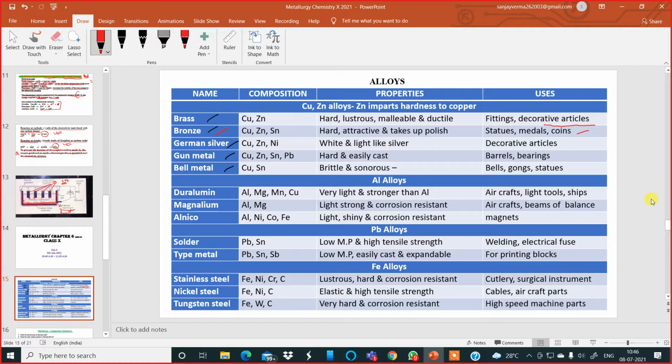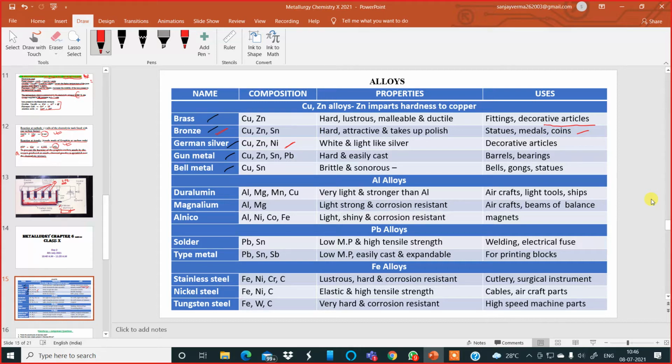Then the next one is German silver. German silver is an alloy comprising the metals copper, zinc and nickel. You must know the composition without the percentage. Properties of German silver: it is white and looks like silver, but remember it does not contain the metallic element silver, though it is called German silver.